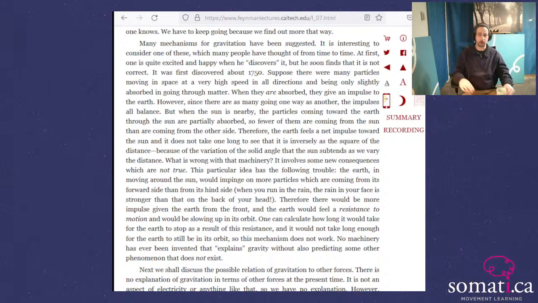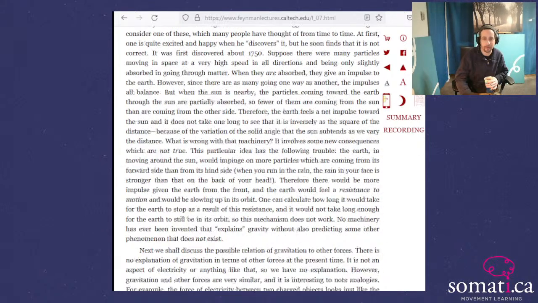It involves some new consequences which are not true. The Earth, in moving around the sun, would impinge on more particles coming from its forward side than from its hind side. Therefore, there would be more impulse given to the Earth from the front. The Earth would feel a resistance to motion and would be slowing up in its orbit. So we'd slow down, and that's not a good prediction.